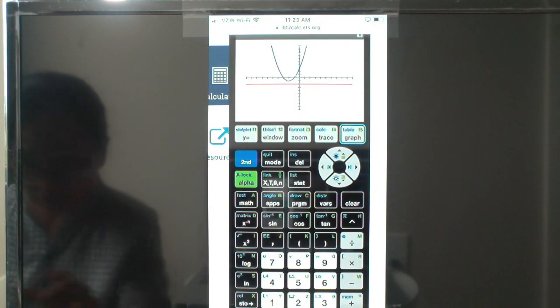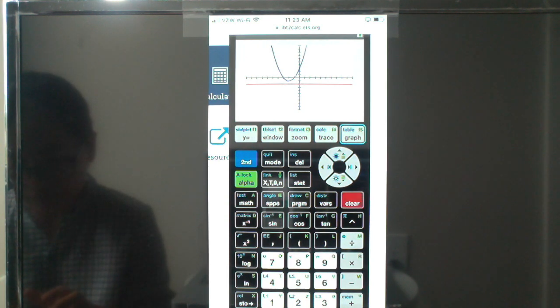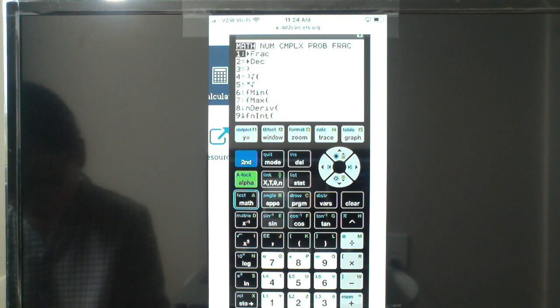So this time I'll use calculator. I'll erase all this. Then start over again. So that's the first. And then math, number, absolute value, 2x minus 4.